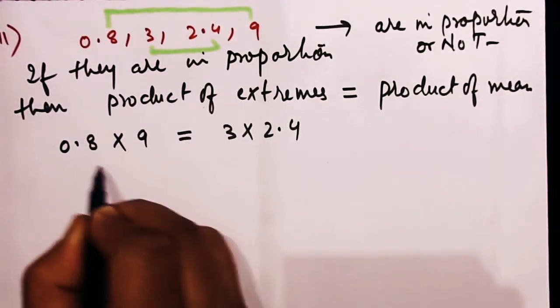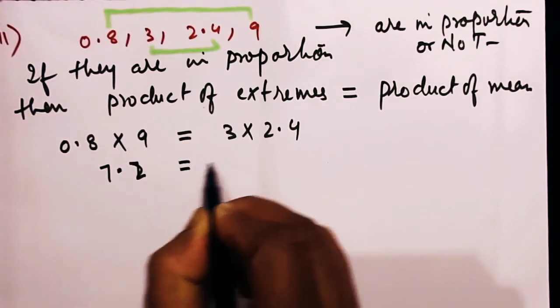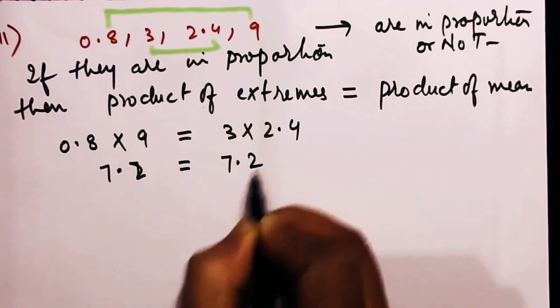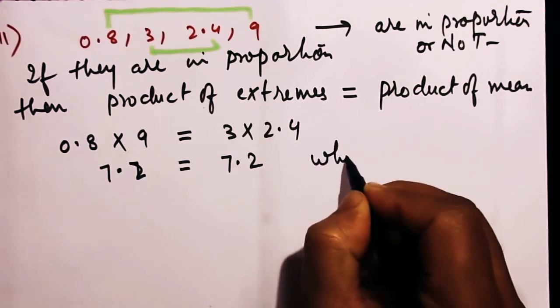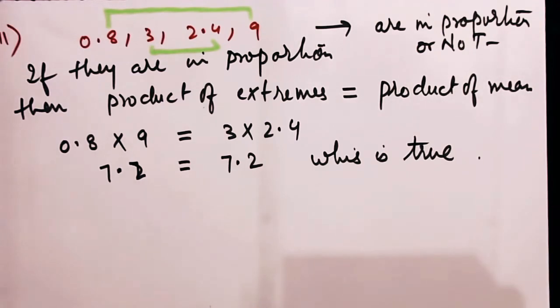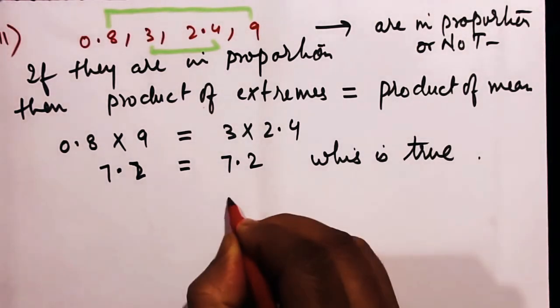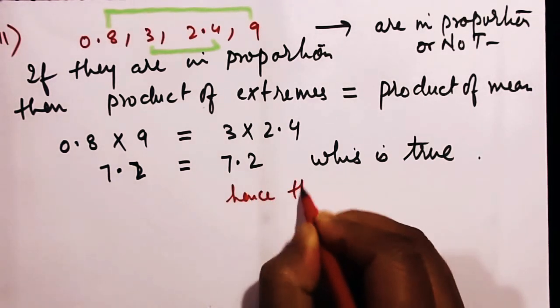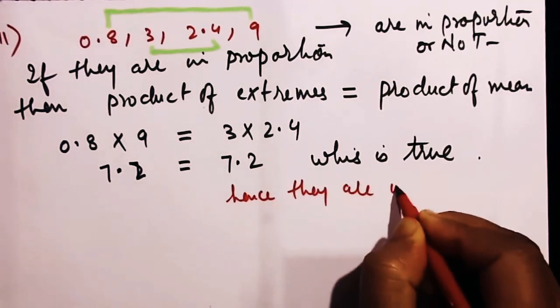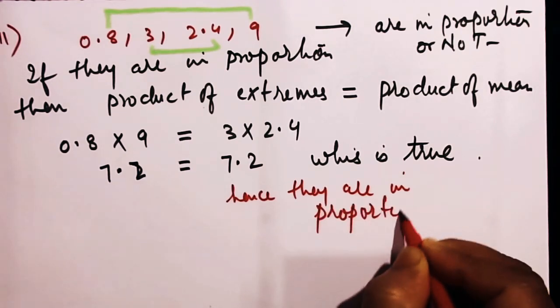On multiplication we get 7.2 is equal to 7.2, which is true. Hence they are in proportion.